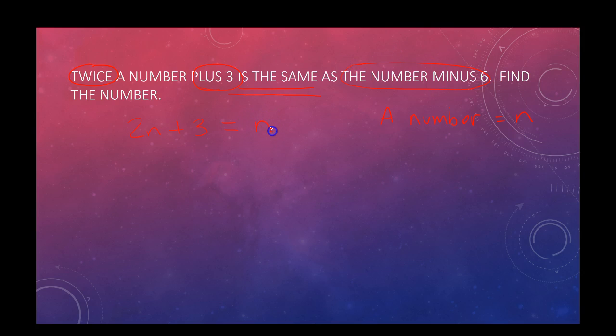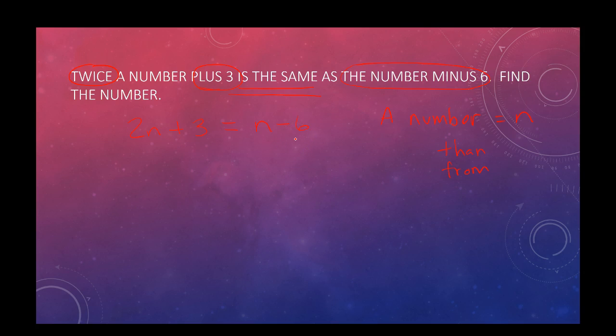So the number, which was n, minus 6. And remember, our turnaround words are than and from. So if this said is the same as the number less than 6, then that would mean I have to flip that order there.